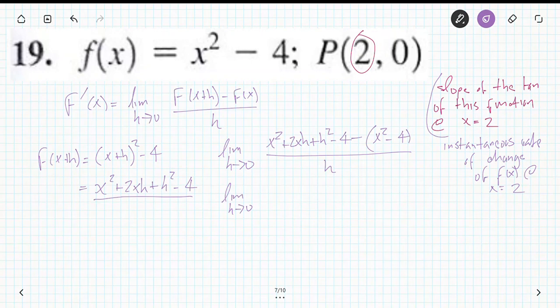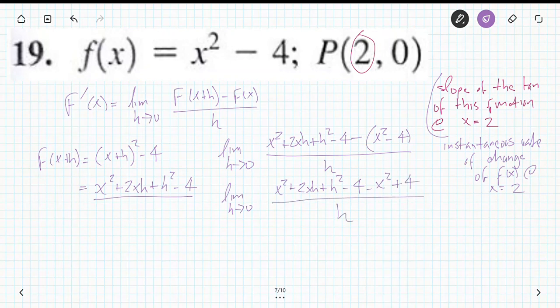Okay, so let's keep going. We're going to say that this is x squared plus 2xh plus h squared minus 4 minus, distribute that negative outside the parentheses, and it's going to give you minus x squared plus 4, okay, over h.